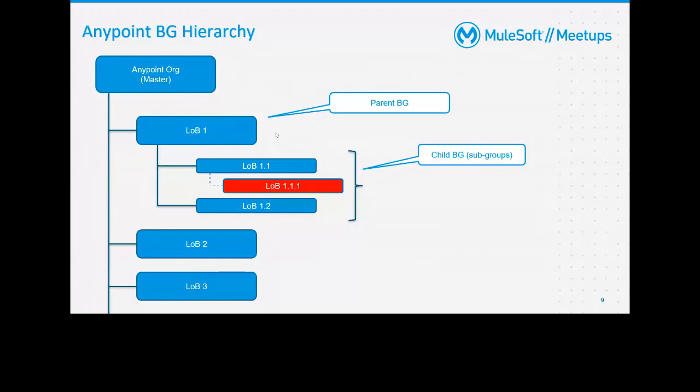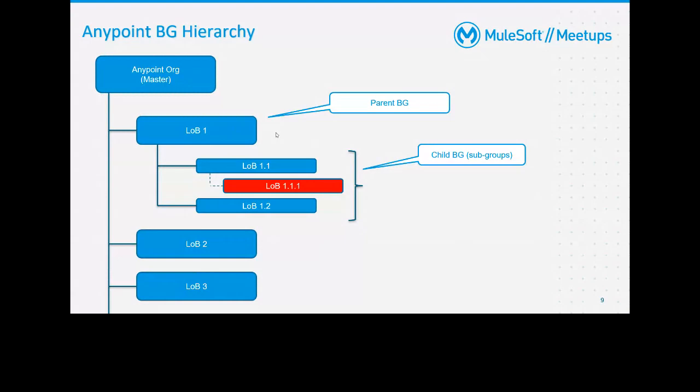If you are trying to create a child business group LOB 1.1, it won't get any resources automatically. Whenever you are creating this business group, you need to add all the vCores, VPNs, whatever is required for this particular sub business group, and whatever roles and permissions we are creating, that has to be created once again.